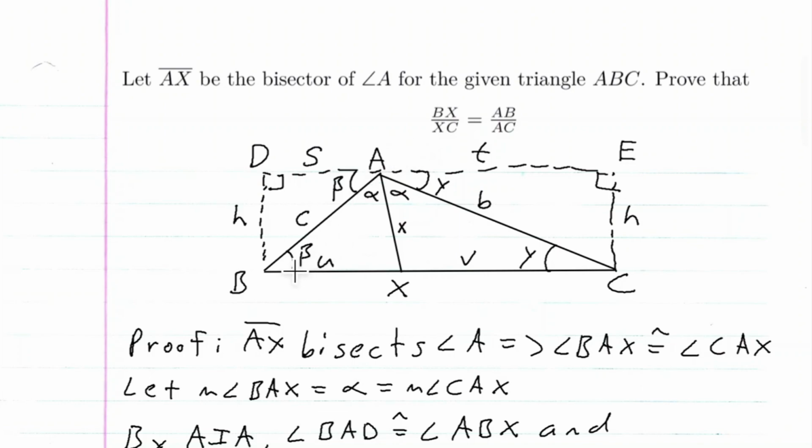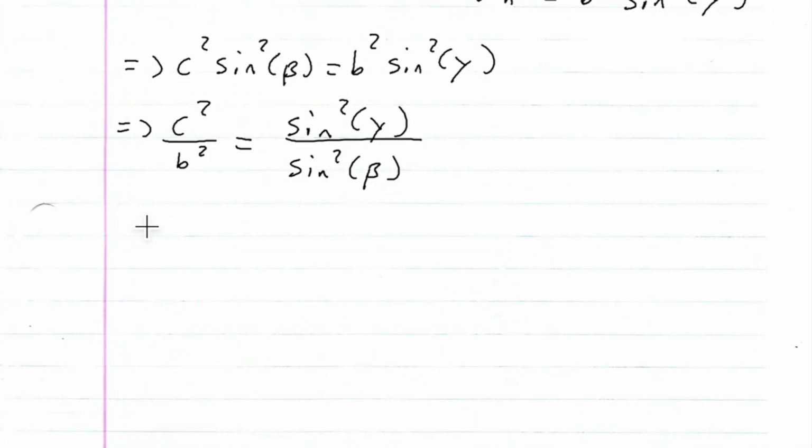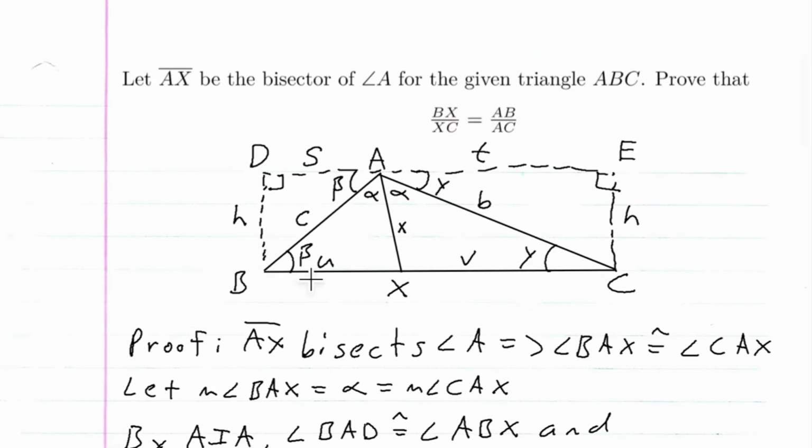What I can do here is I can actually use the law of sines. So the law of sines states that sine of beta over x is equal to sine of alpha over u, right?